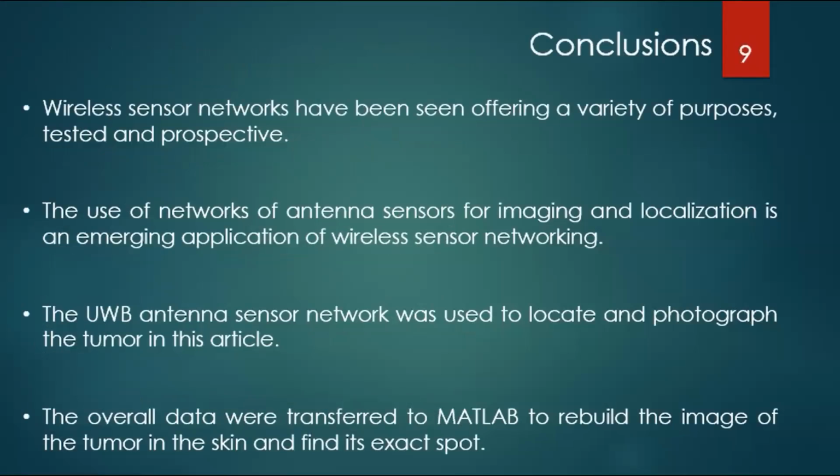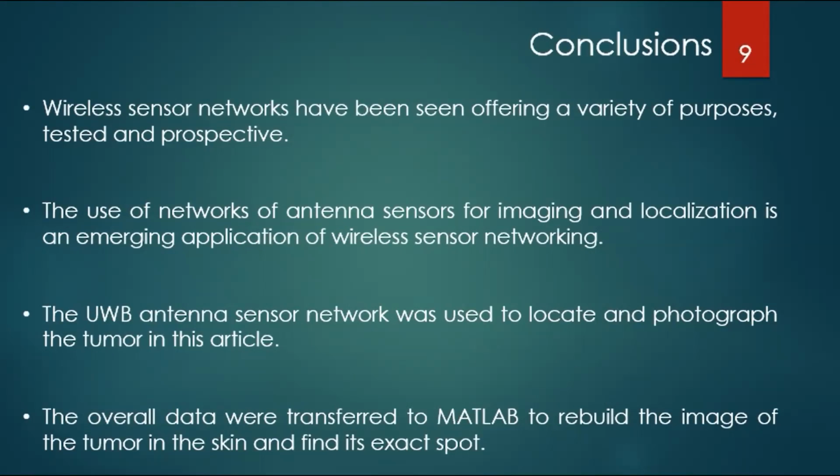Finally, I would like to talk about the conclusions. So wireless sensor networks have been seen offering a variety of purposes. The use of a network of antenna sensors for imaging and localization is an emerging application of wireless sensor networking. The ultra-wideband antenna sensor network was used to locate and photograph the tumor in this article.